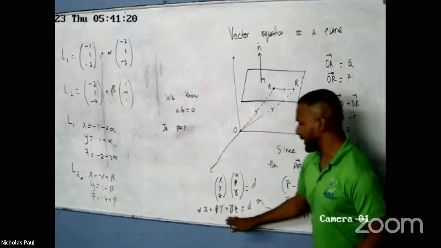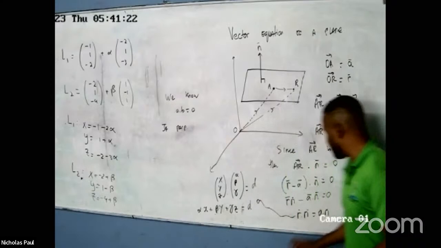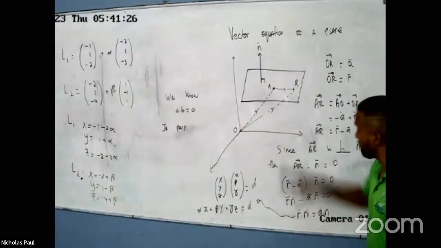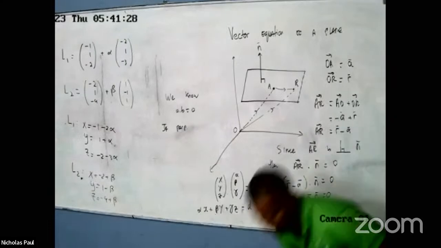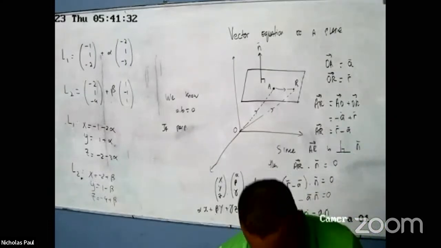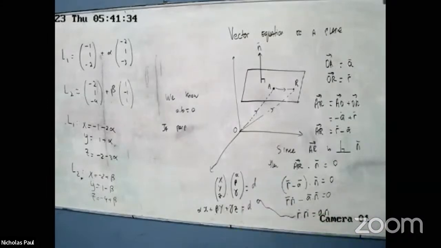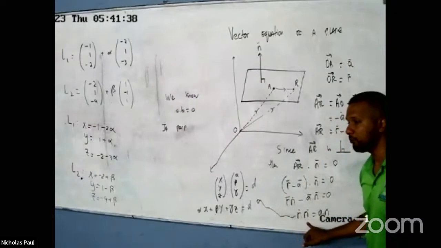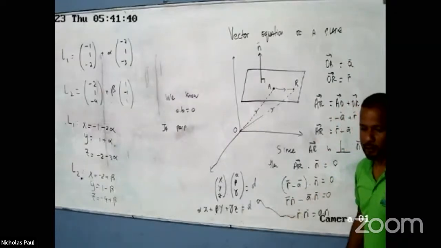This is the Cartesian form. This is the vector form. And I'm going to show you how to do it now. Copy it up. And just a little idea where it came from, so you'll know what you're using now. So this is the vector form and this is the Cartesian form.